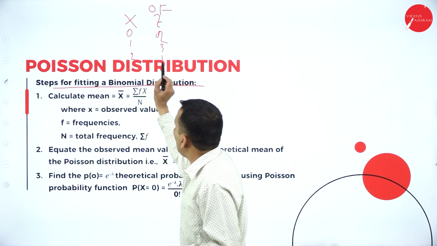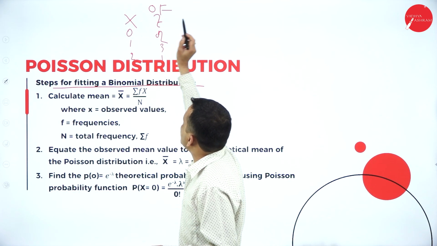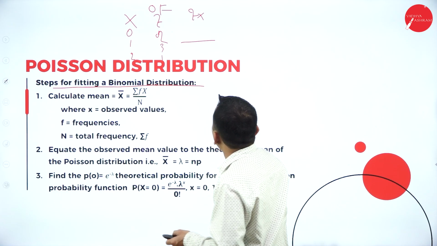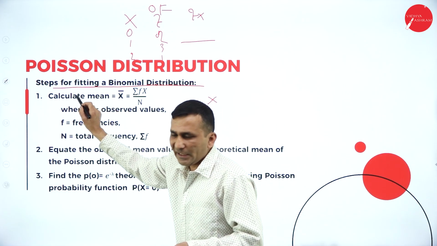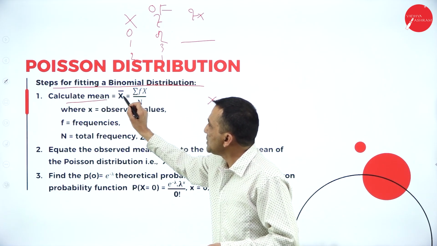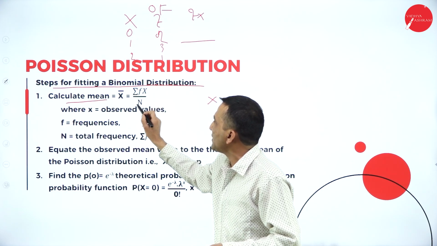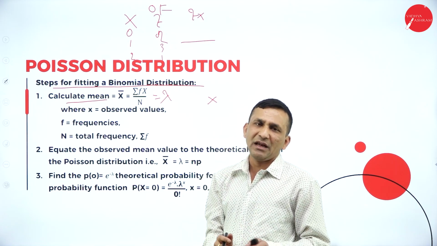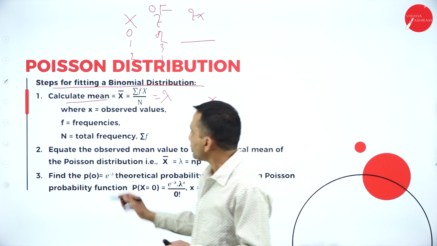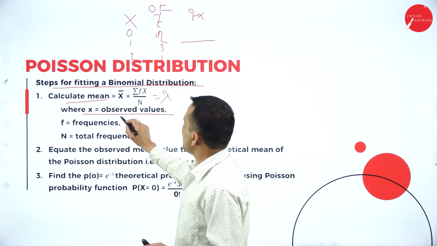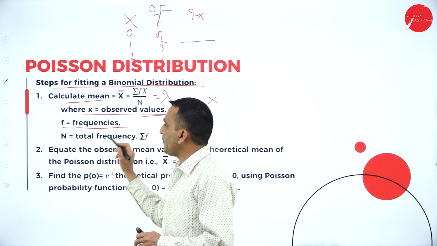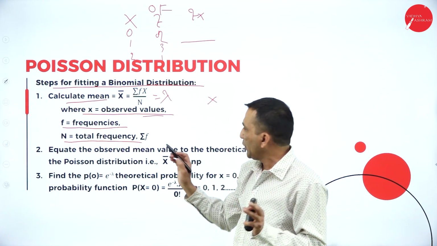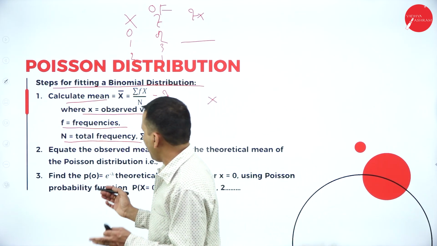Now, with the help of the observed frequency and X series, we go for fx. Calculate the mean using x bar equal to sigma fx divided by n, which gives the lambda value, because the mean is equal to lambda. Here x is the observed value, f is the frequency, and n is the total frequency, the summation of the frequencies.